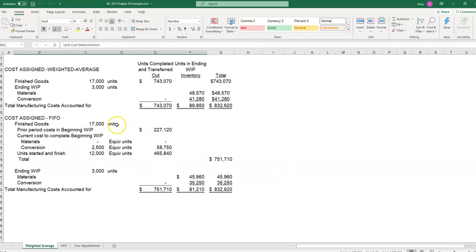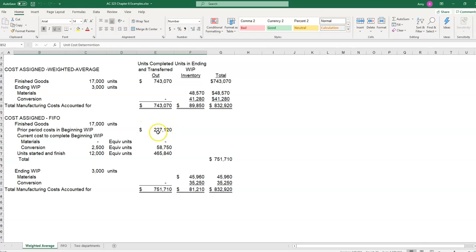So then we assign our costs to our equivalent units. The weighted average method, we transferred out these 17,000 units to finished goods. Then we had ending work in process of 300 units. In the FIFO, we keep the prior period costs separate from the current costs.